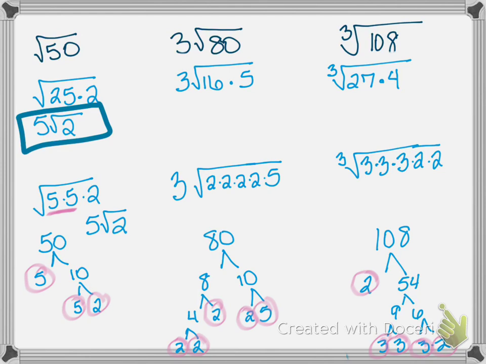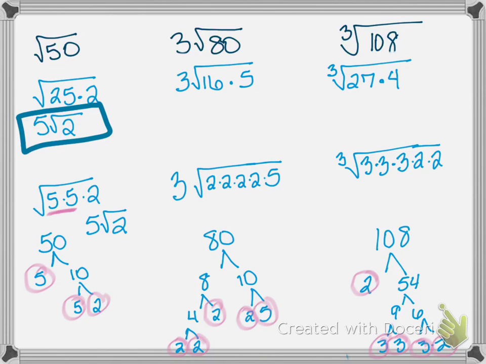Students typically see that 4 times 20 is 80. The problem with doing 4 is not the largest perfect square. Okay? 4 times 20 does break it down into a perfect square, but you didn't get the largest perfect square.